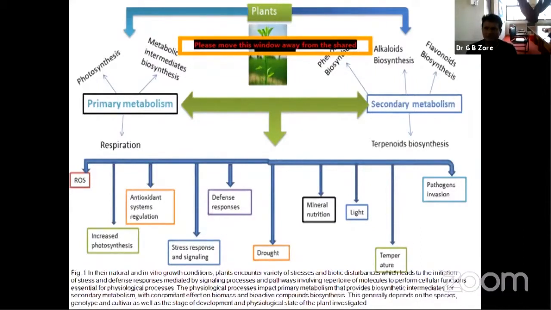So what is the purpose of this secondary metabolism or these secondary metabolites? As you can see in this slide, these secondary metabolites play a very important role; though it is not in growth and development, they are involved in several processes.